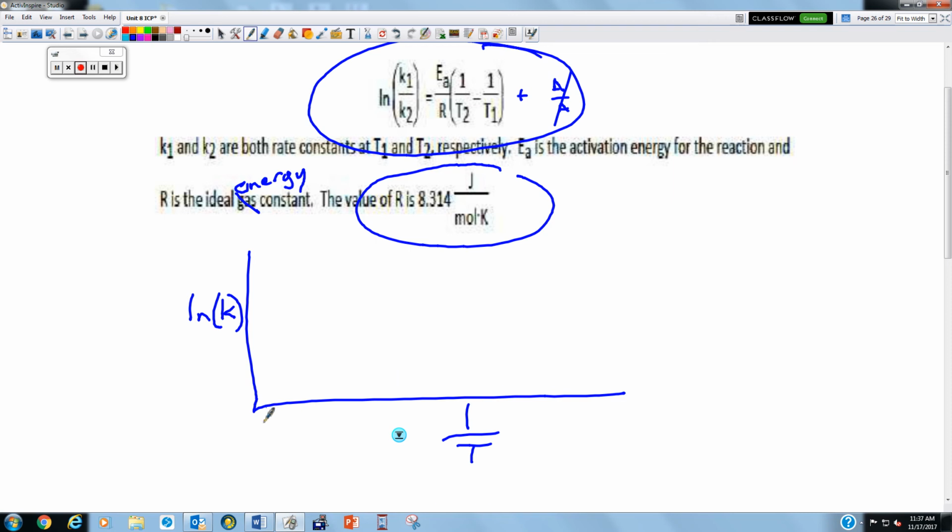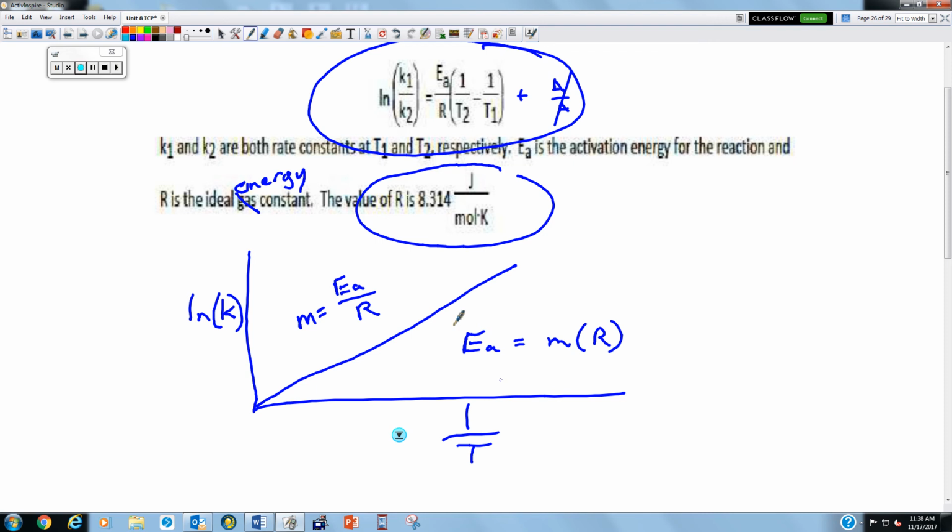And from this graph, m is equal to activation energy over R. So to solve for activation energy, Ea equals m times R.